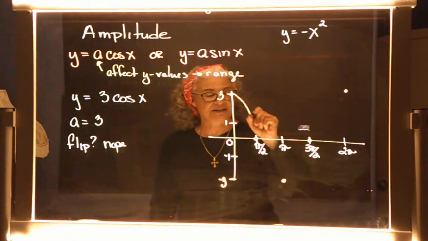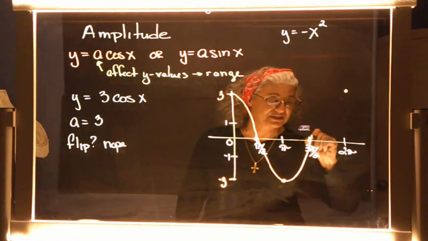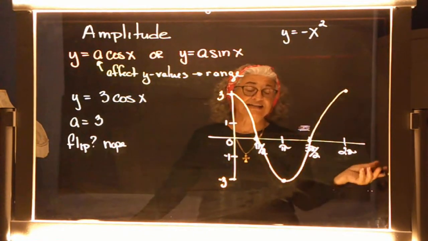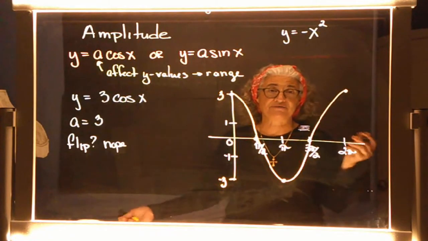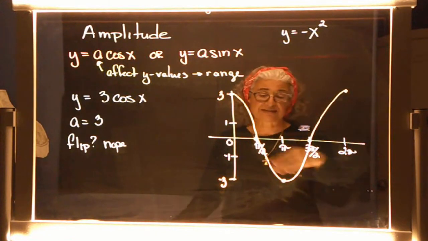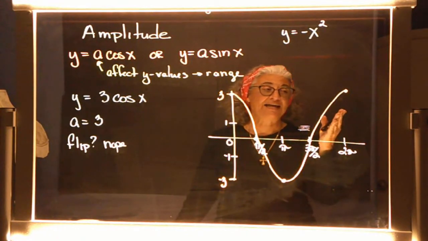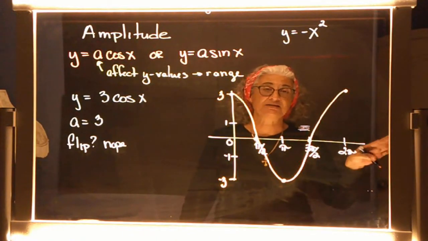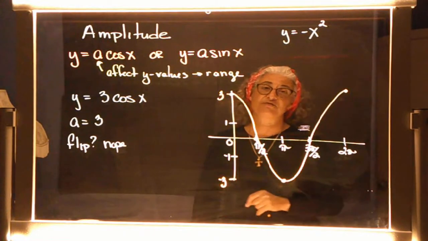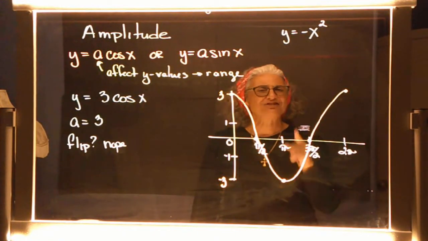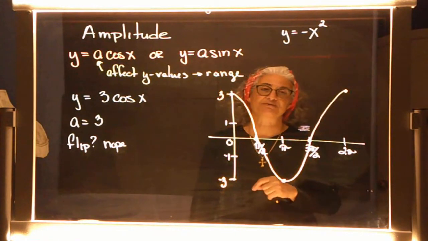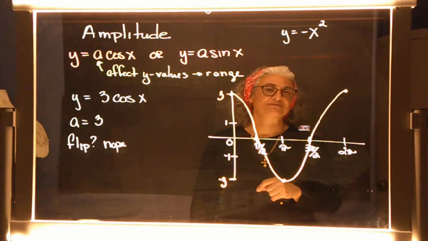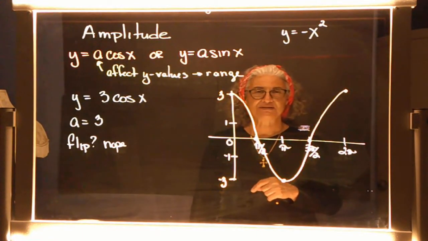So, I'm going to connect my dots, and my question to you is this. Did I get the same shape that I got when I graphed the parent graph? Yeah, it's still the shape of a valley. And it's just going to be the shape of a valley all the way to positive infinity and all the way to negative infinity. With me? Is the range still -1 to +1? Nope. Do you see what happened?